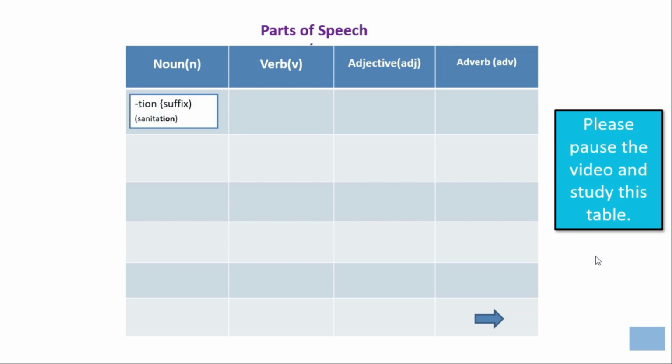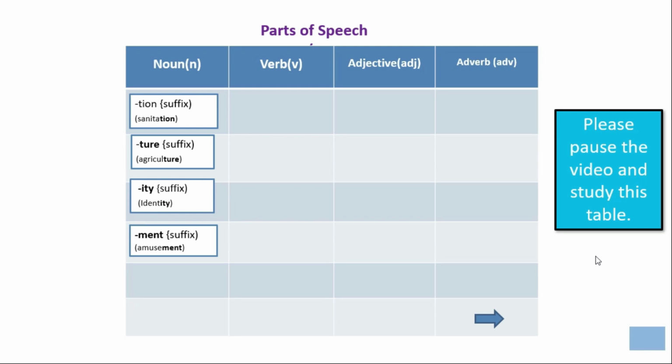So we have, for example, the suffix -tion. This is a sign that it's a noun, like sanitation. Likewise, -ture is a sign that it's a noun, like agriculture. Also, -ity, for identity. This suffix allows us to know that identity is a noun. Likewise, -ment, as in amusement. And also we have after a preposition.